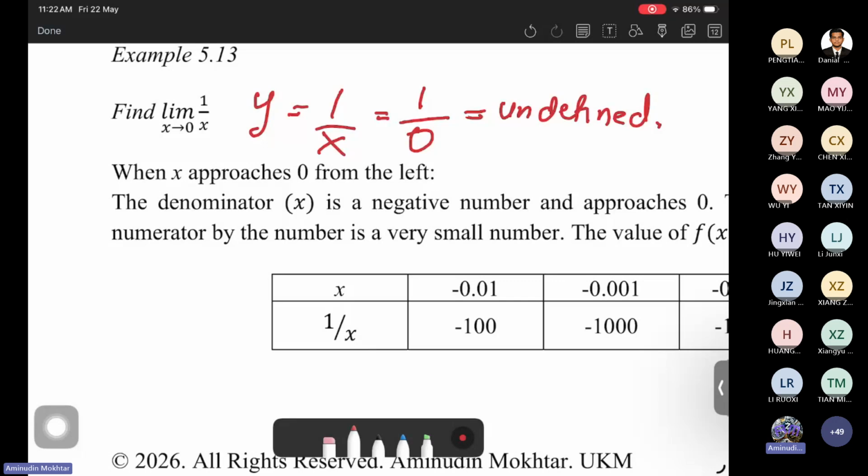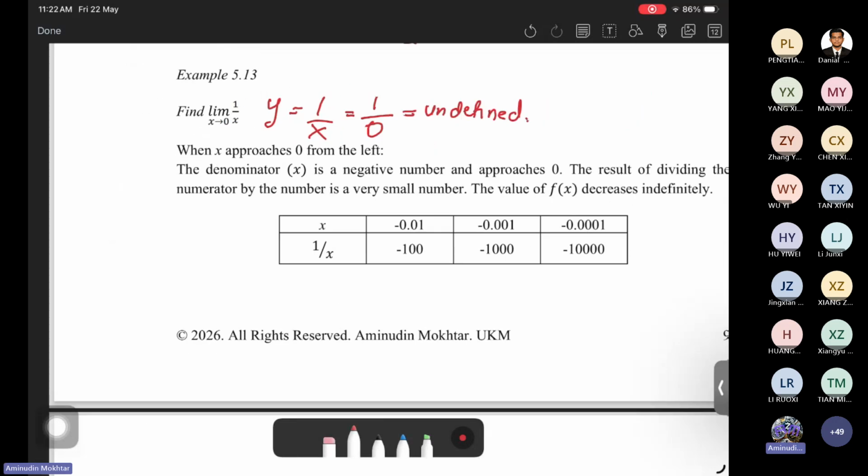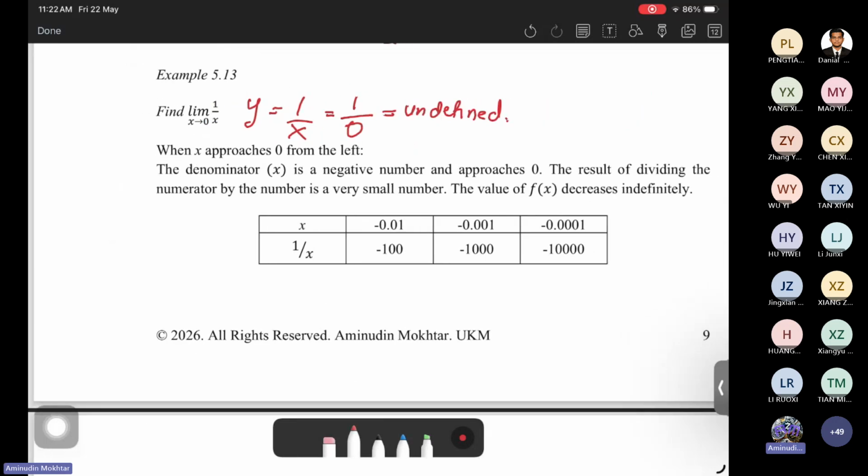So we need to identify any numbers that are less than 0 or greater than 0, but close to 0. Let's say I choose these three numbers: negative 0.01, positive 0.01, negative 0.001. I just substitute.